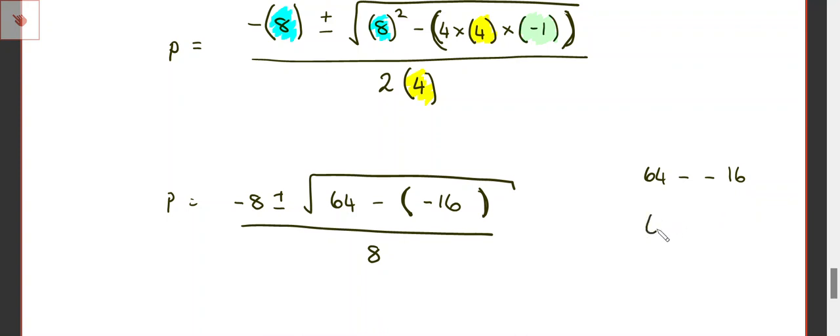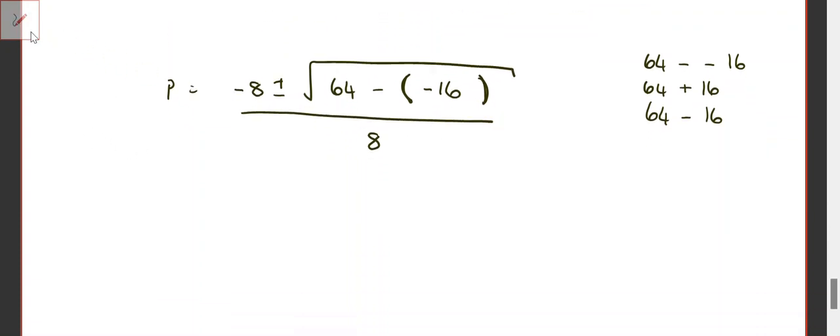You're asking, is that the same as 64 subtract 16? No. Because when you subtract a negative, it's like doing 64 plus 16, isn't it? Yeah. Well, sort of.